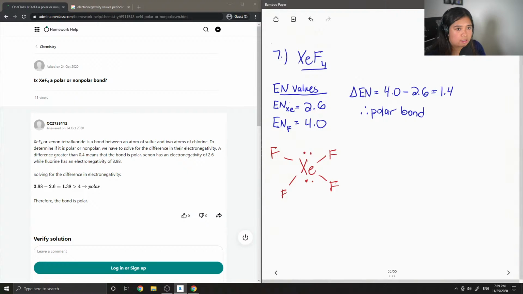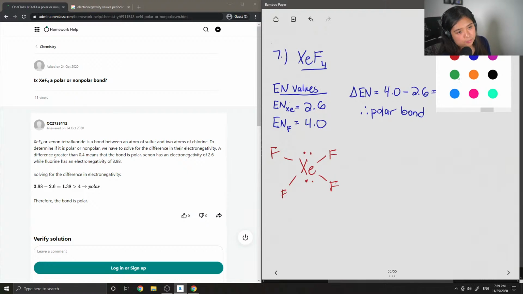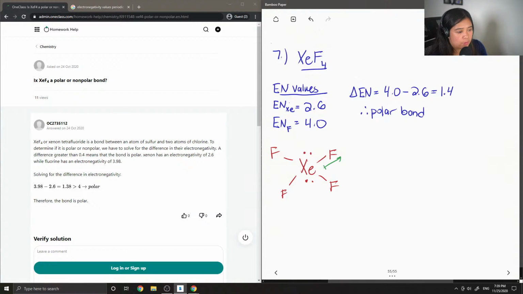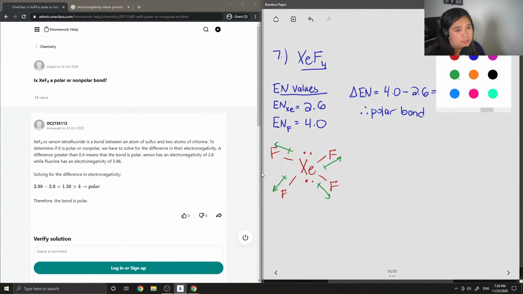So as you can see, this is a symmetrical molecule, and all these polar bonds can be written like this to show all the dipole moments, since fluorine is more electronegative than xenon. However, you'll notice that these bonds tend to cancel each other out.